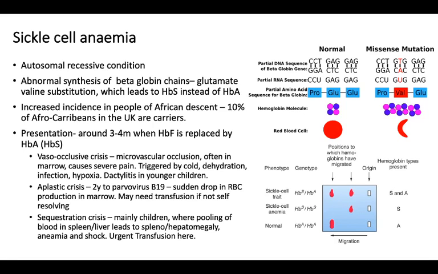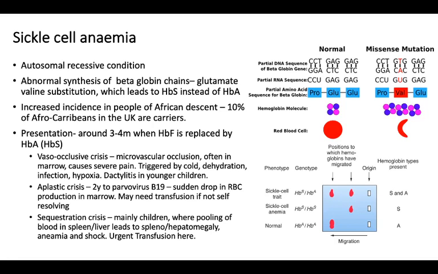So the children might have pain in their tummy, in their back, in their legs, in their chest. Usually they're in quite a lot of pain, and this can be triggered by things like having an infection, or if they become very dehydrated, if they get very cold, or are in a hypoxic state. In younger children, they also can get dactylitis in their small joints.